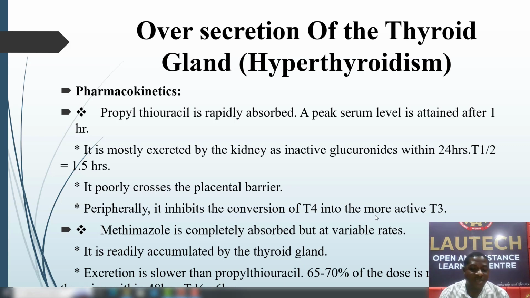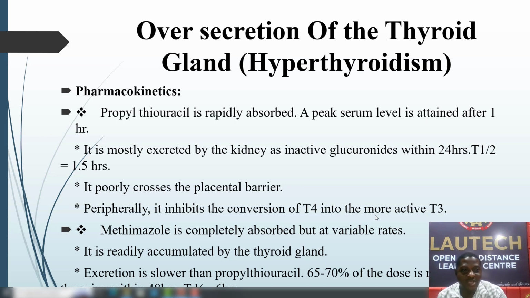Now, I want to look at the pharmacokinetics of thyroid derivatives. Propylthiouracil is rapidly absorbed. A peak serum level is attained after 1 hour, mostly excreted by the kidney as inactive glucuronides within 24 hours. Half-life is 1.5 hours. It poorly crosses the placental barrier. Peripherally, it inhibits the conversion of T4 into the more active T3.